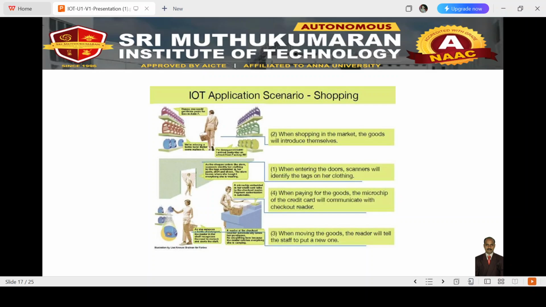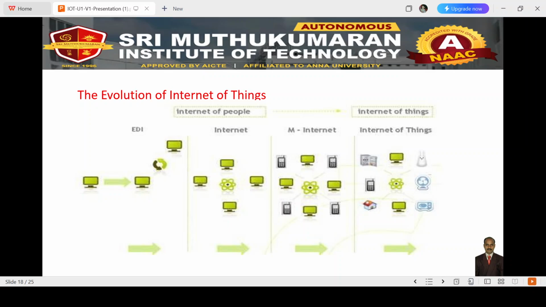If you put it in your bucket, all the items will be in this one single bucket, which means everything will be calculated instantly, and the bills will be generated automatically, and then the bills are sent to your mobile instantly when you enter the mobile number. So this is what IoT basically is.